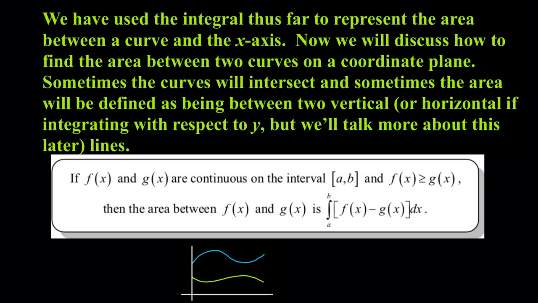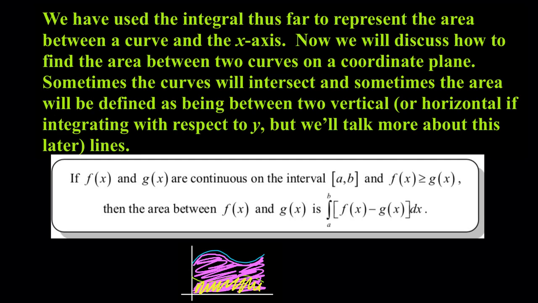So for example, the things that we have done in the past, when you found an integral, what you were finding was the area between the curve and the x-axis. So for example, the blue curve here, if we did an integral of that blue curve, that would give you this area. Now if we did the integral of the yellow curve, that would give us this area right in here.